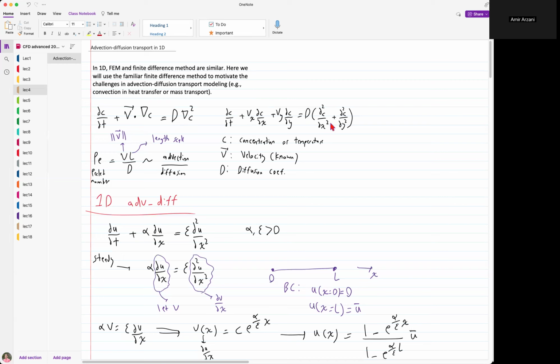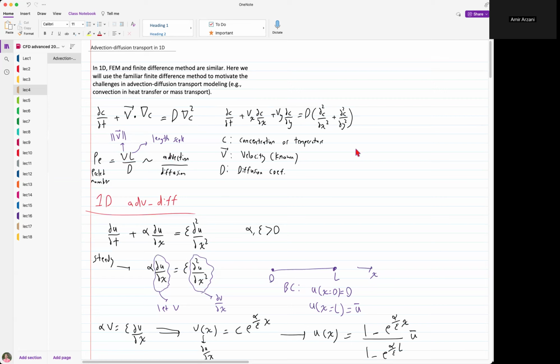The important non-dimensional group that dictates the physics of this convection-diffusion transfer problem is the Peclet number, which is simply a velocity scale V times the length scale L divided by your diffusion coefficient, and it represents the ratio of advection to diffusion.